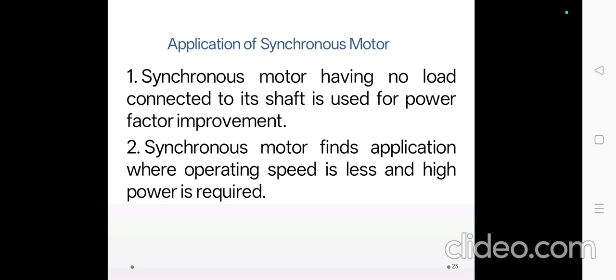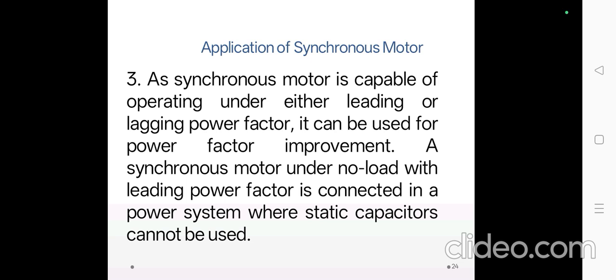Next, if the motor has a low power factor, some disadvantages will occur. For low power factor, the current drawn is high. For the higher current, the conductor size required is larger, which increases the cost.